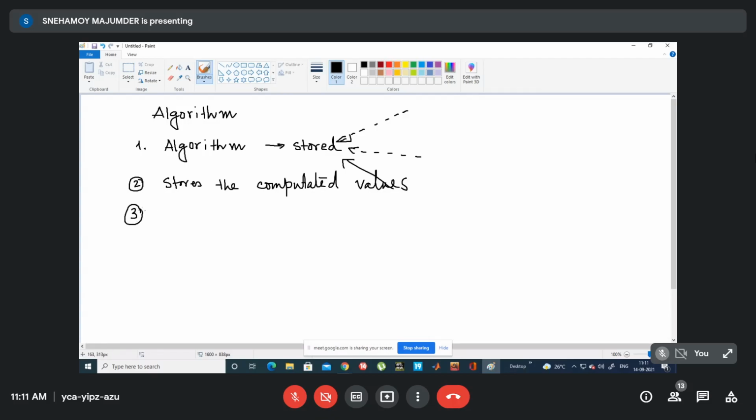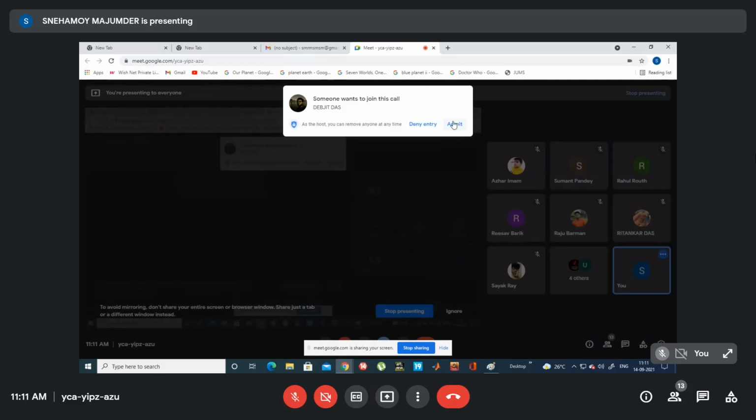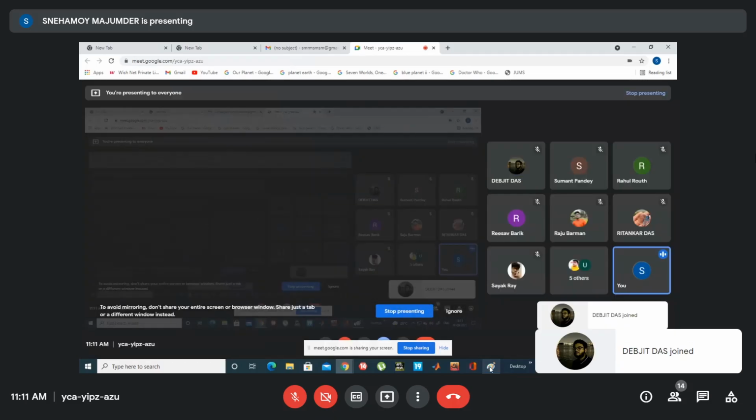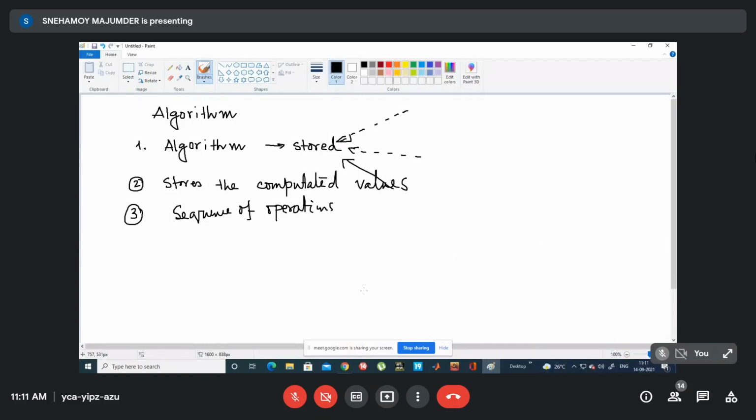Number three is the sequence of operations, which is obviously very important. Also sometimes, while the results are going on, you have to alter it.